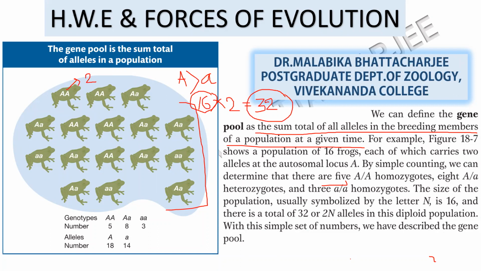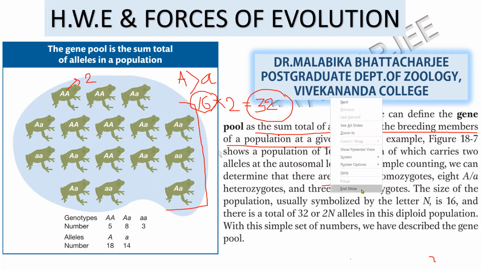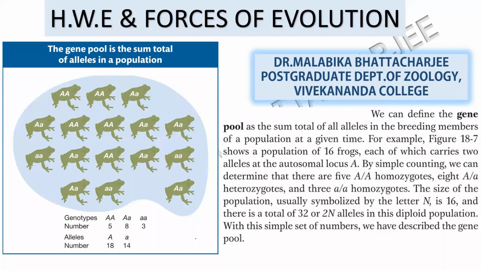So if I consider gene A and we have 16 individuals, then we have 32 alleles present here. Of these 32 alleles, if you look into this picture, we have 5 genotypes which are homozygotes.